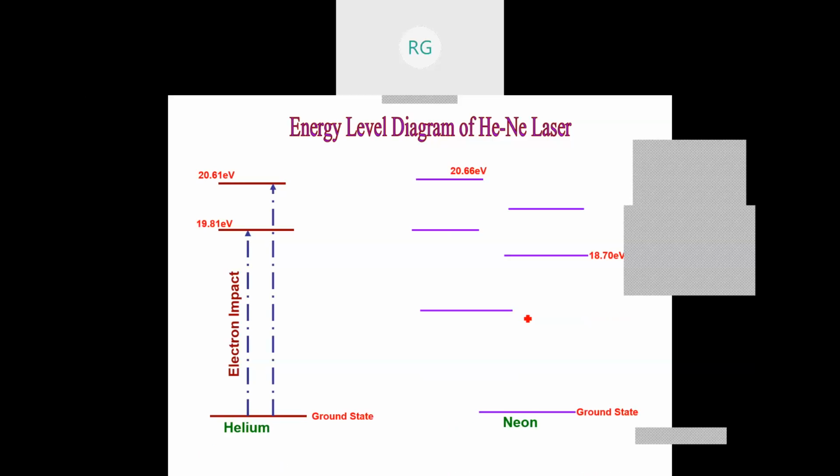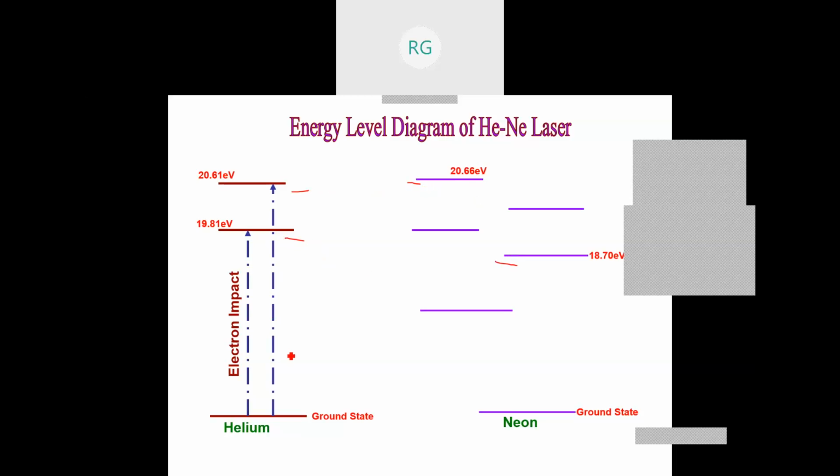Now I draw the energy levels of neon. The neon energy levels are almost the same as those of helium atoms. I have here almost 20.6, here 18, here 19.